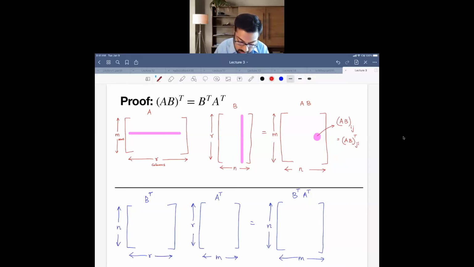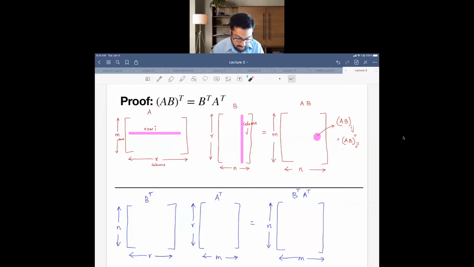So this is going to be row i, and over here you get column j. If you take the dot product of row i and column j, you get that particular entry, which is i comma j in AB, which is the same as j comma i in (AB) transpose.